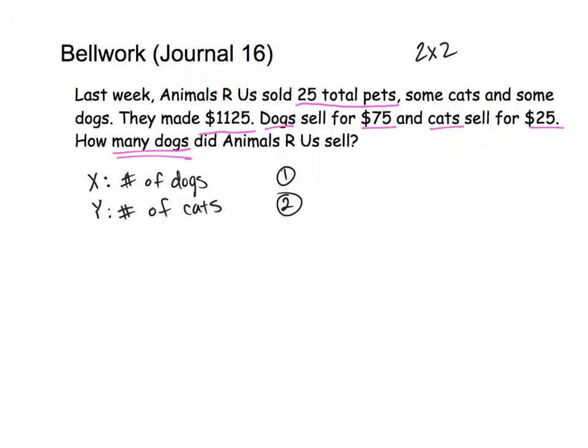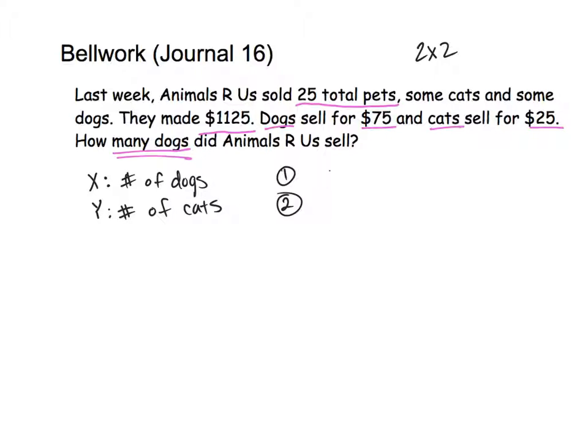So I'm going to take 75 and multiply it by X, which is the number of dogs. If I'm multiplying price by the number of dogs sold, I can get how much money I made from just selling dogs. Same thing with cats. If I multiply the $25 by the number of cats, I'm going to get how much money I made from selling the cats.